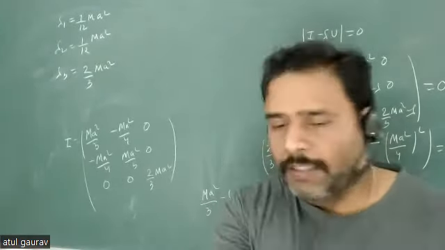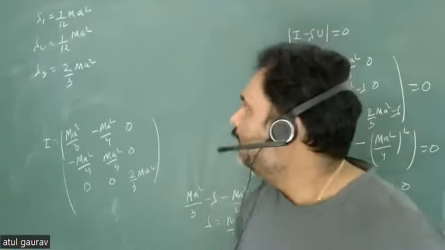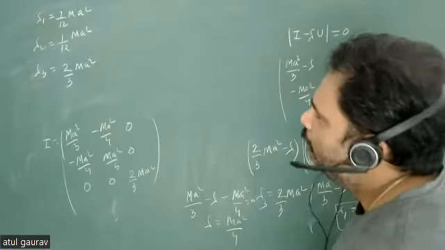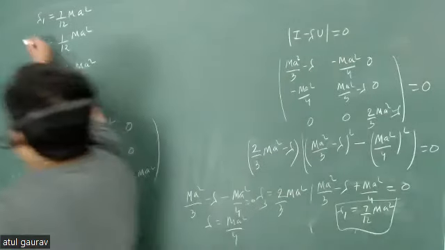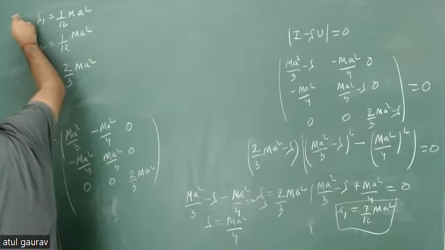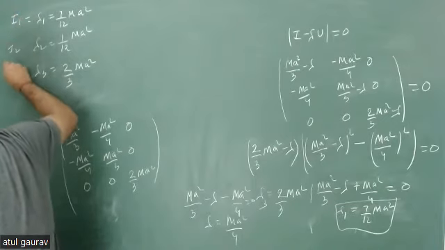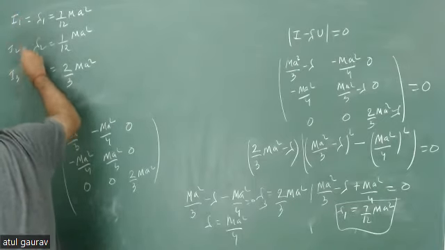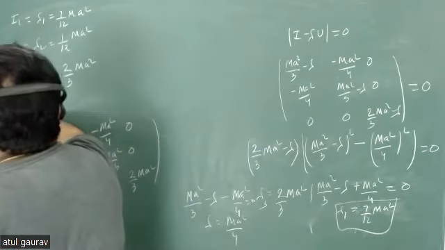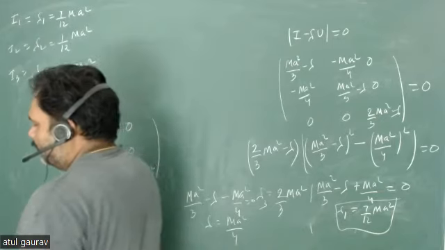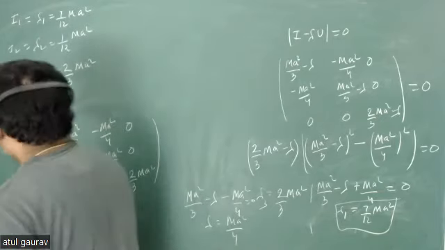Yes, sir. ओके, चलो मैं किसी एक का निकालूंगा. So you can write it I1, I2, I3 also. So this will be I1, this will be I2, this will be I3. So I3 का क्या आएगा? I3 के corresponding आइगन स्टेट, आइगन वेक्टर क्या आएगा?